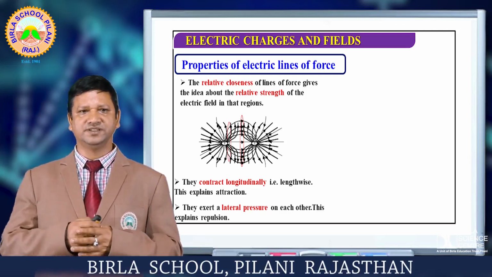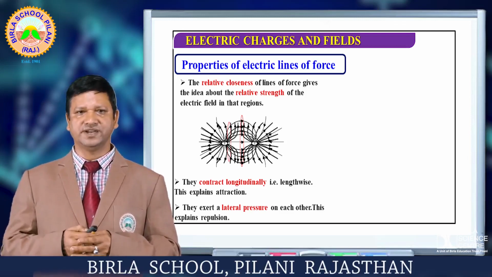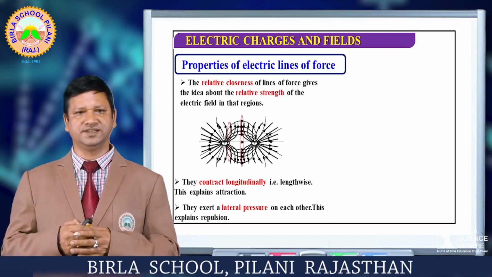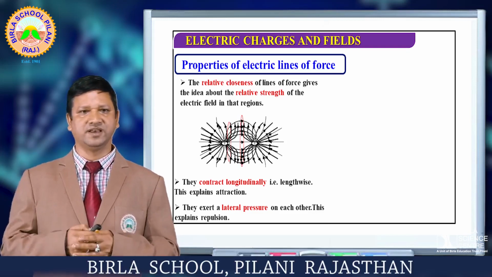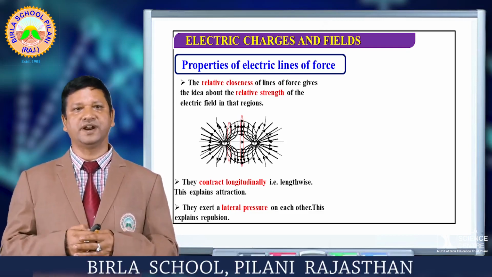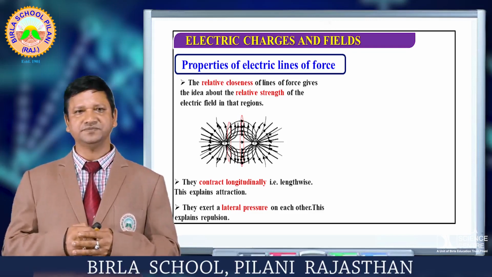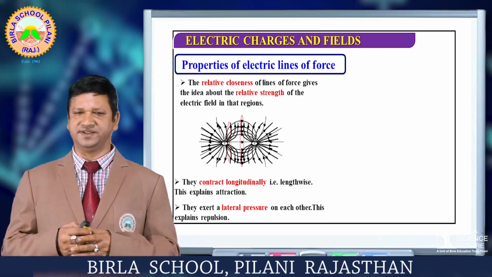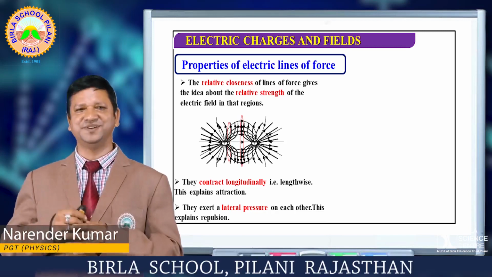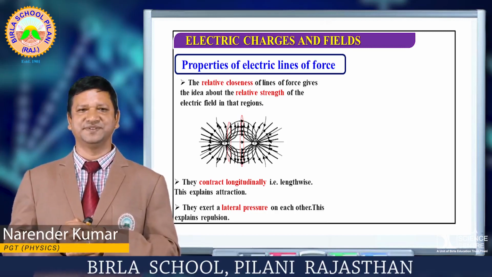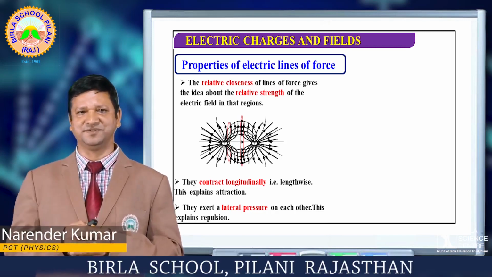This is the next property. They contract longitudinally, that is lengthwise. This explains the property of attraction. You can see here is the positive, here is the negative. How beautifully in this particular diagram. Let us enjoy this one.